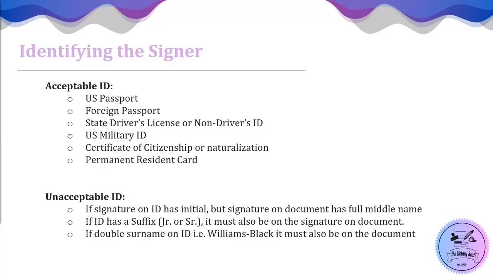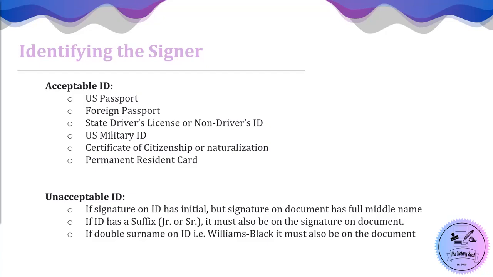If it was the opposite, where the ID said Frank Green but they were signing F Green, that would be acceptable because the F would stand for Frank. So the ID needs to be the most expansive, the most detailed item.